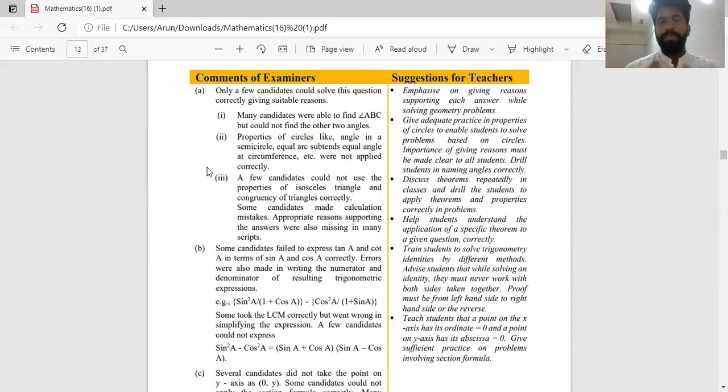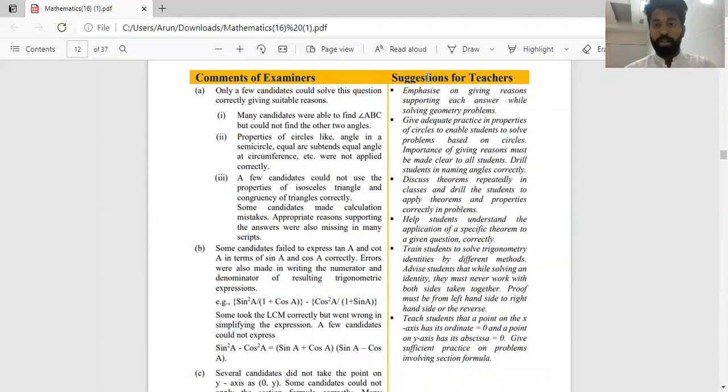So the very first thing that you need to keep in mind when it comes to suggestions is, circles is a chapter of geometry. And whenever you solve any question in geometry, there have to be reasons specified. You have to write the reasons with that. Then you have to adequately practice all the properties of circles.